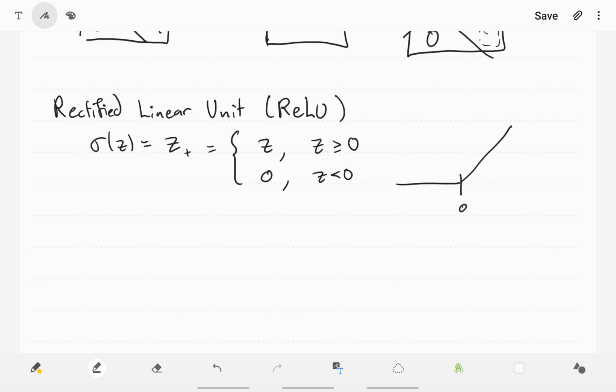So we'll just typically think of its gradient as its subgradient, where we just set the subgradient to 0 at 0. Its subgradient is just 1 when z is positive and it's 0 otherwise. Right? So this is a common one, and we often just denote this as ReLU of z.